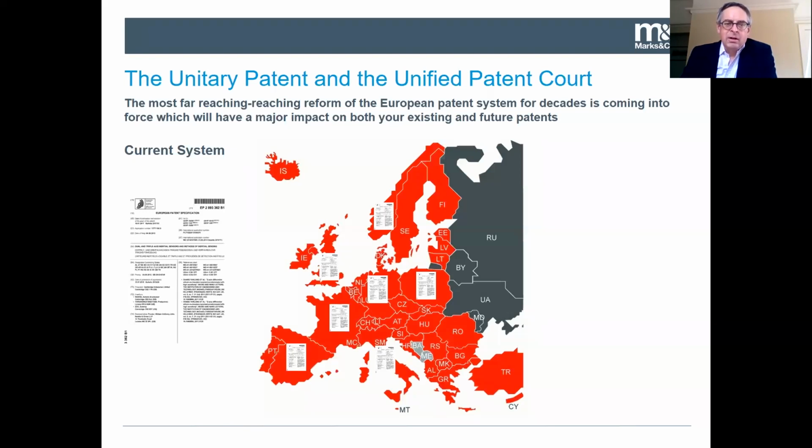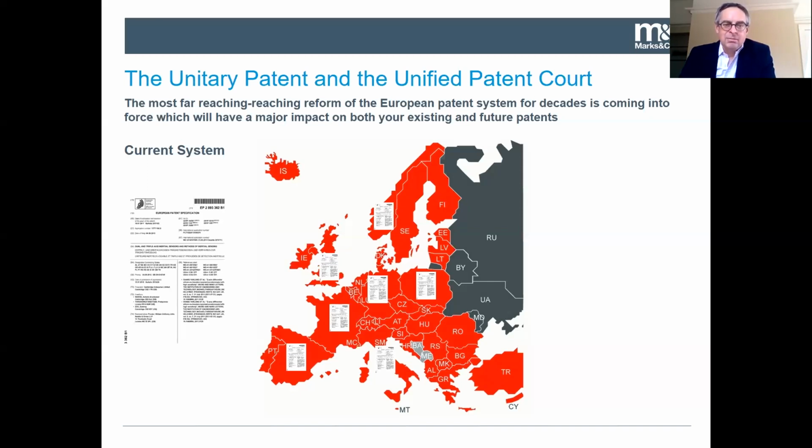There are around 40 plus countries that are all contracting states of the EPC, and nothing changes in that respect so far as the European patent system is concerned. European patents will be obtained in exactly the same way as they are now. And what that means is that when the European Patent Office grants a patent, the applicant has to decide in which countries to validate that European patent.